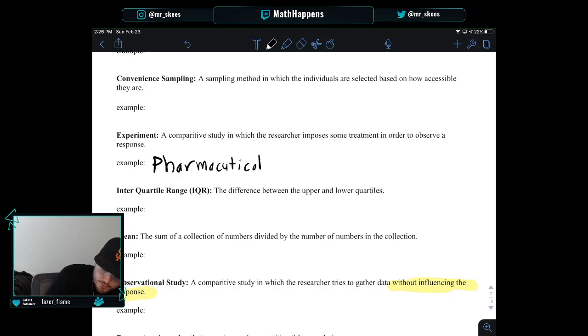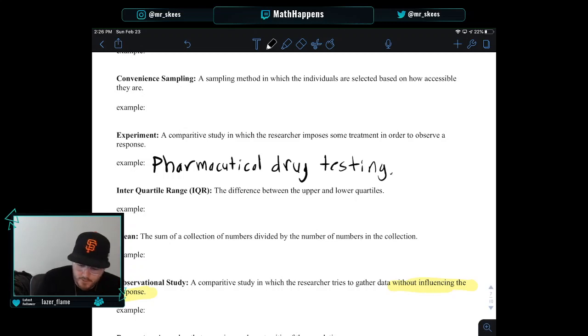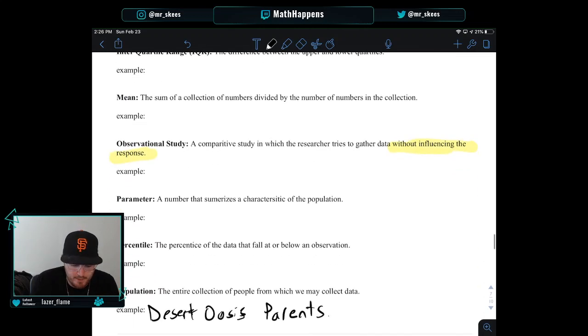Pharmaceutical drug testing. Oops, I erased my highlighter there. So like they give like a hair loss drug or something, right? A pill to like encourage hair growth somehow, right? They give it to like 50 grown men who are balding and then just see what happens, right? They are imposing a treatment and then observing what's happening.